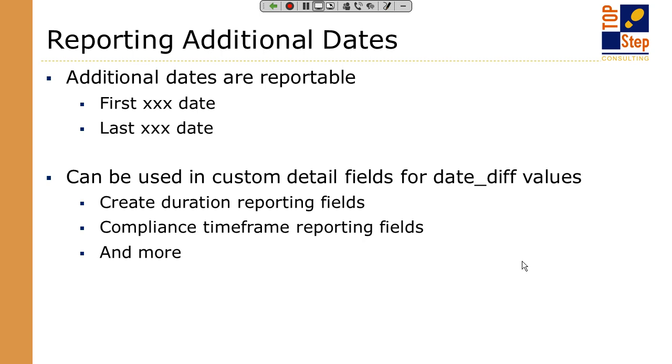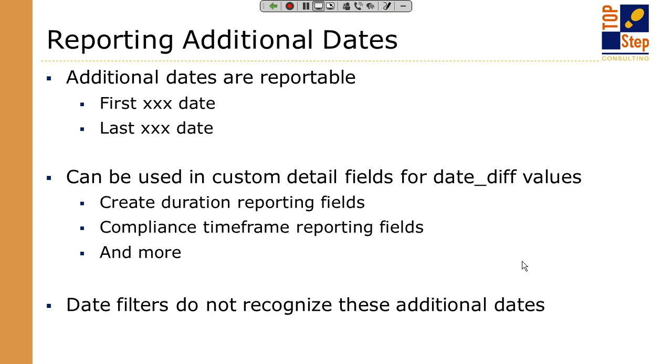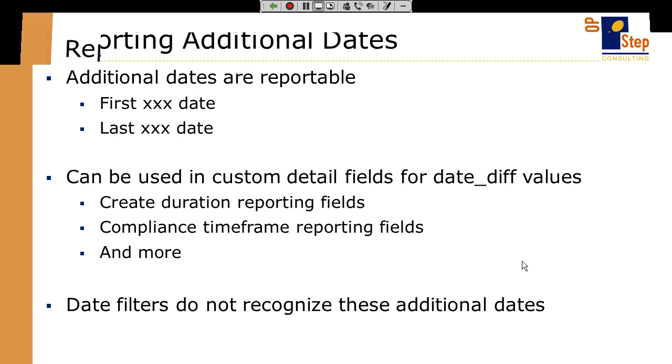So these first and last dates are actually really helpful when it comes to doing more compliance monitoring in the system to make sure that things are getting done in a timely manner, or to capture metrics such as, what's our average duration for a project. Okay. But these are only available on reports, so you have to just use it for reporting, and then you can do some calculations with them. That's it. You can't do any kind of filtering with those dates.